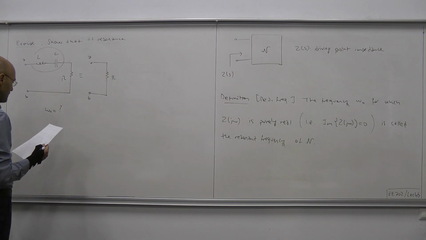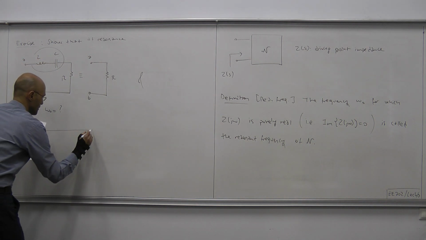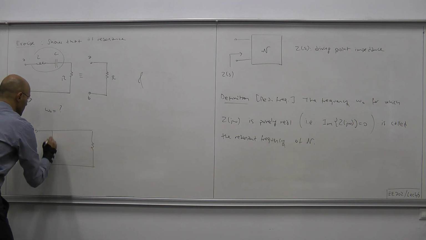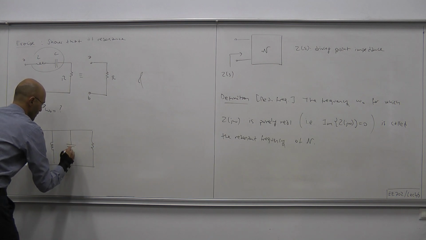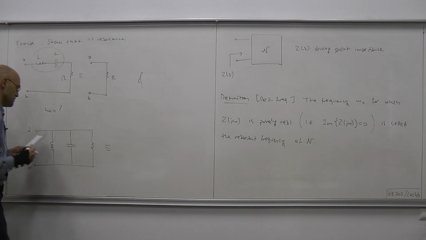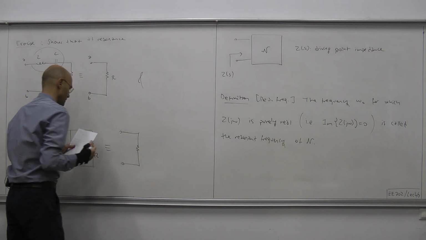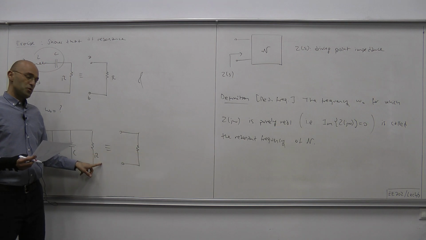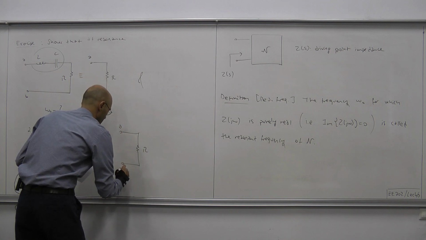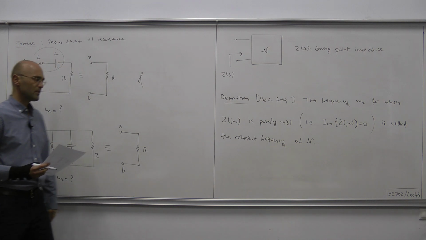And the dual case is the parallel construction, between A and B. At resonance, it turns out that this parallel LCR is equivalent again to a resistor whose resistance is the resistance of this resistor R. Again, you are to figure out that resonant frequency.